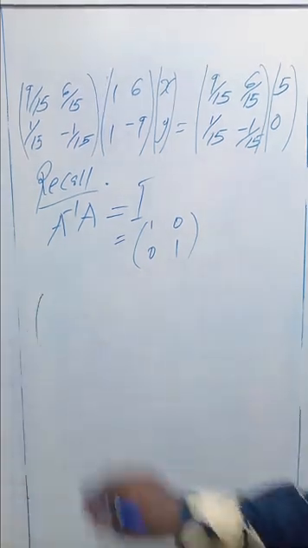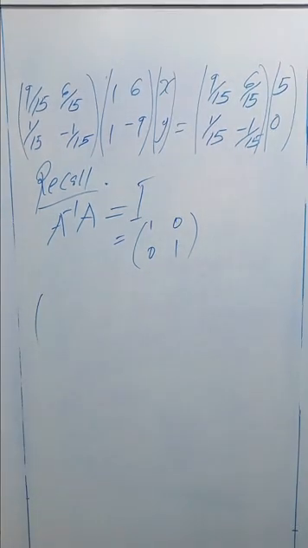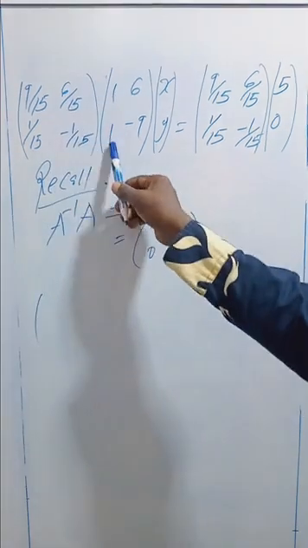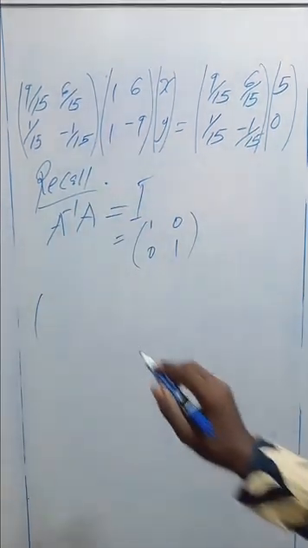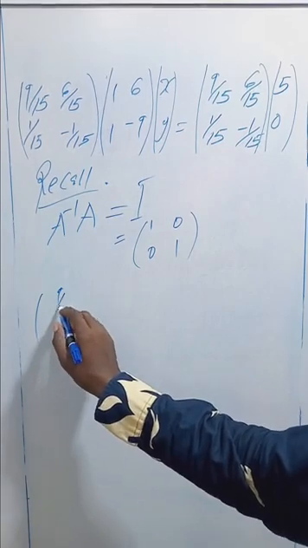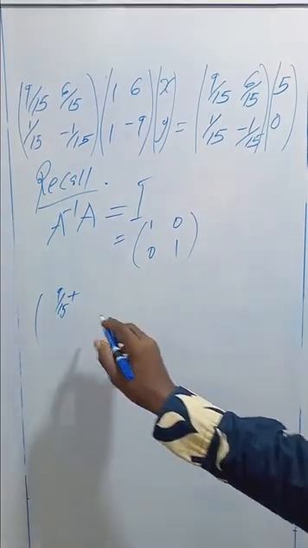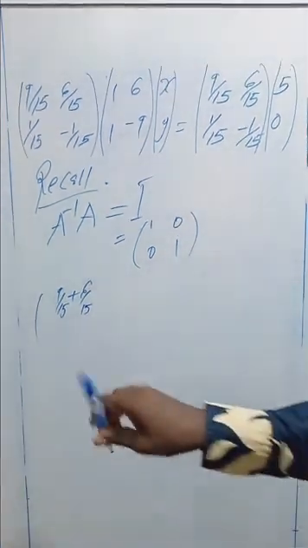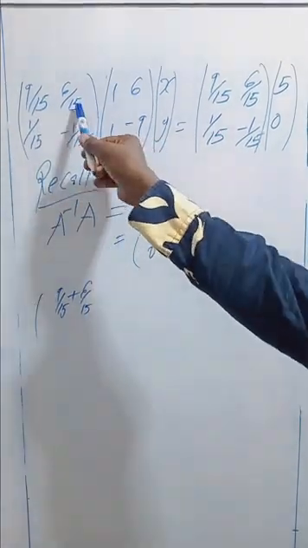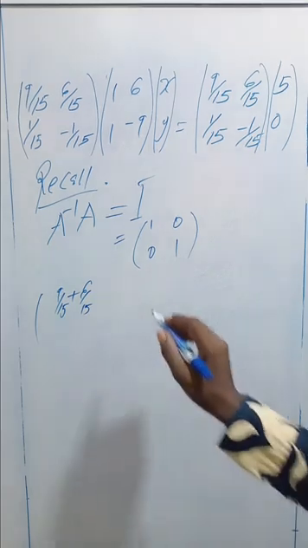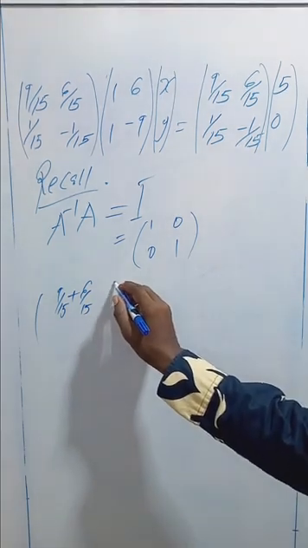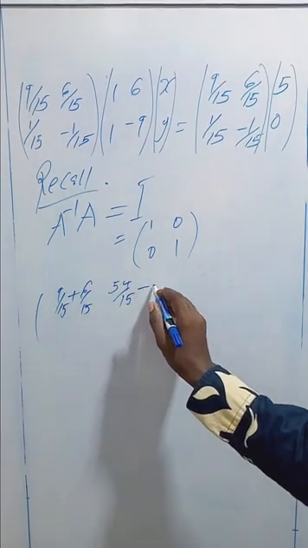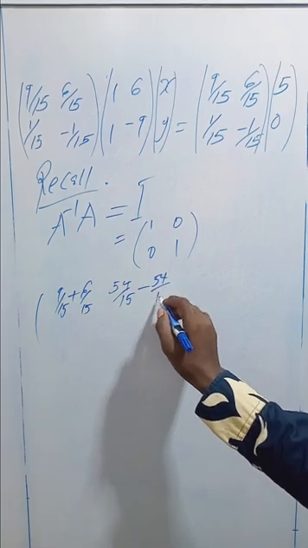So the left-hand side, this times this plus this times that one. You know what we get? We get 9 over 15, then plus 6 over 15. Then this one times this and this times this. There we get 54 over 15, then minus 54 over 15.